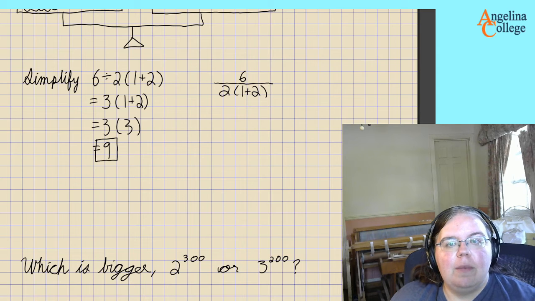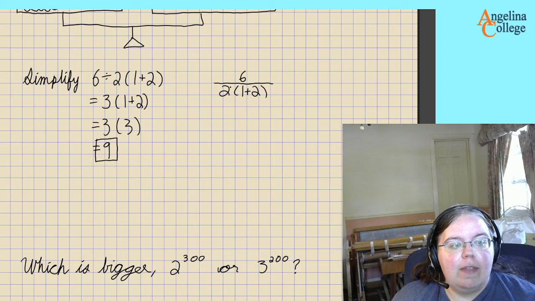And so what it really gets at is, in this second version, they're taking the implied multiplication as a slightly higher priority than the division.